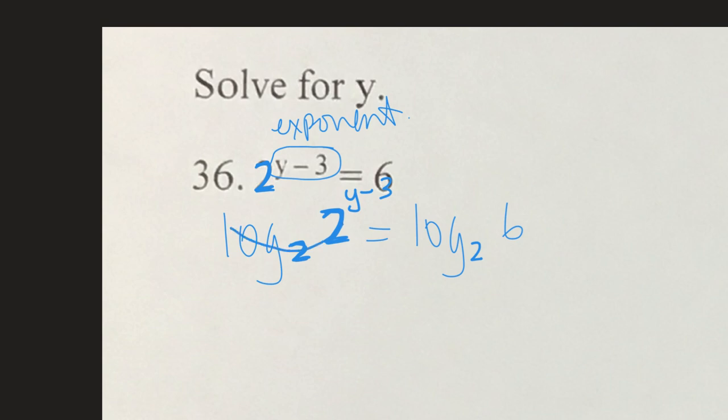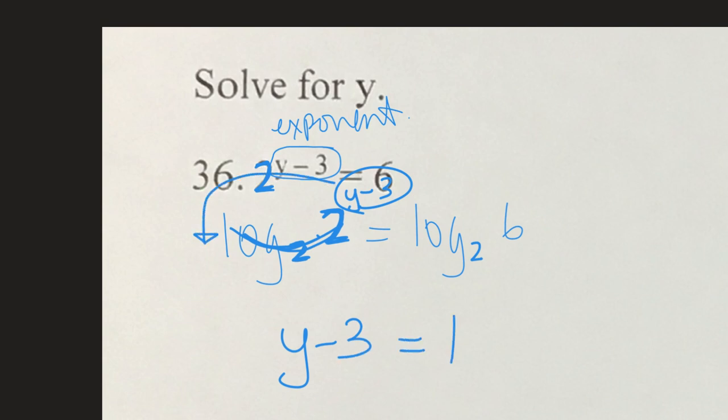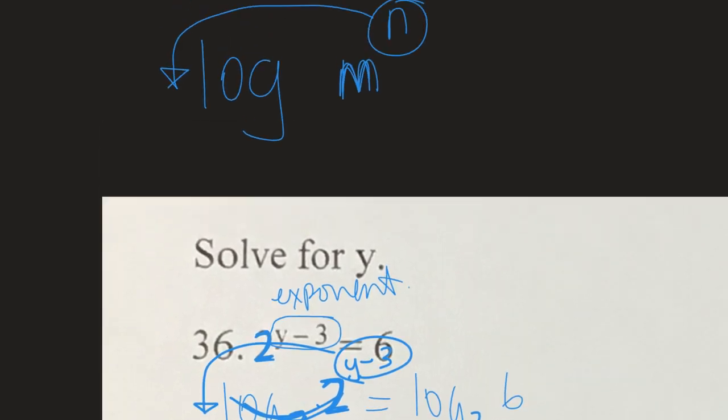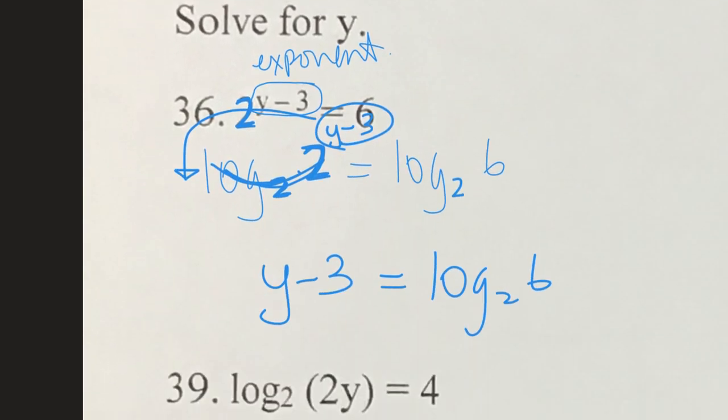When the bases are the same, the answer is your exponent. It comes to the front times 1, so we don't have to worry about multiplying it by anything. So that's how you get the y out of an exponent, or x out of an exponent, by taking its log and applying that property to it.